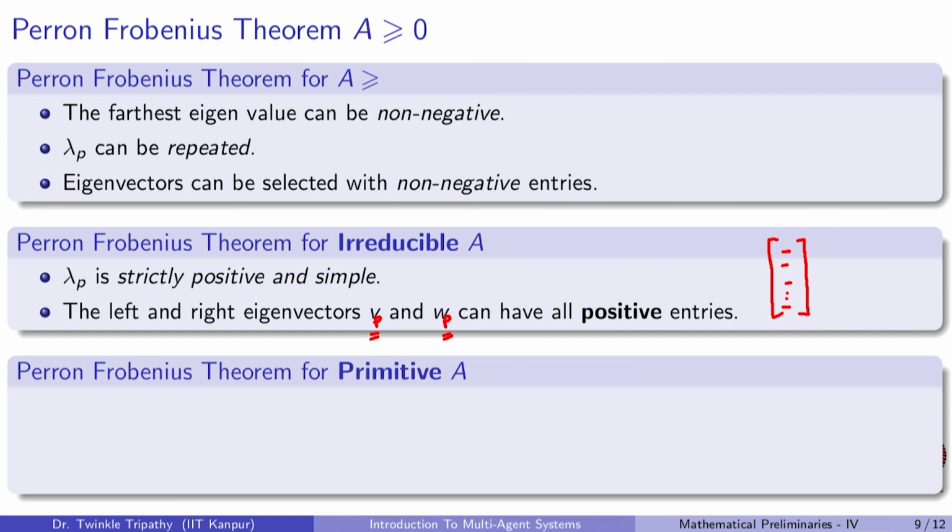Now, there's one condition which holds for the case of positive matrices, which does not hold here. What is that condition? It goes this way.